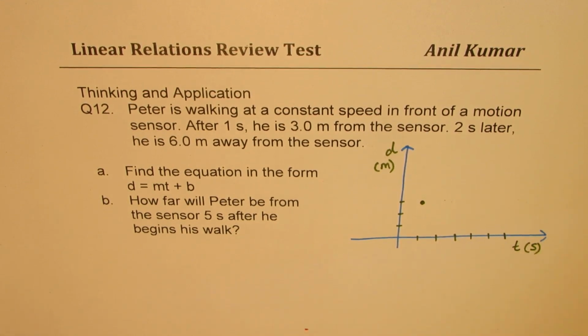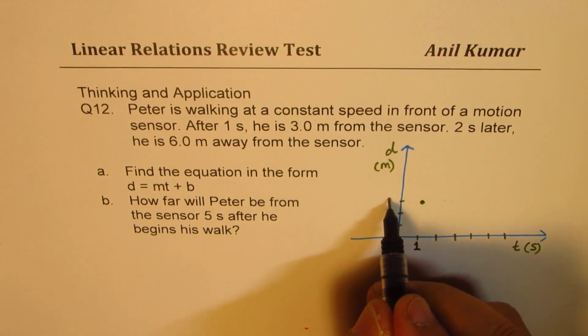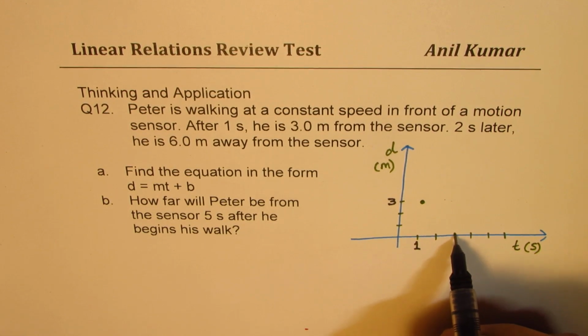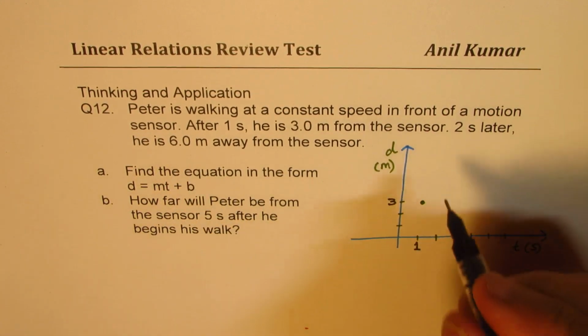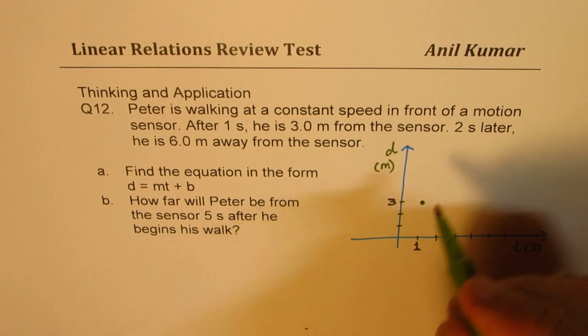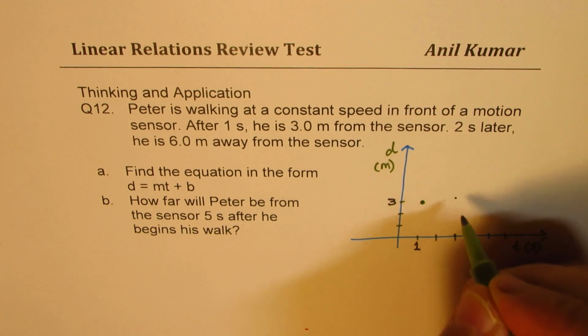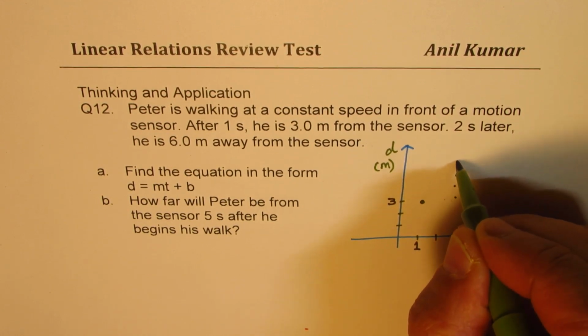Okay, let's try to understand. After 1 second, Peter is 3 meters away. Now 2 seconds later means he is in this position. He is 6 meters away, so we'll go 3 more up. So after 2 seconds, he is 6 meters. 3, 4, 5, 6. Do you see that?